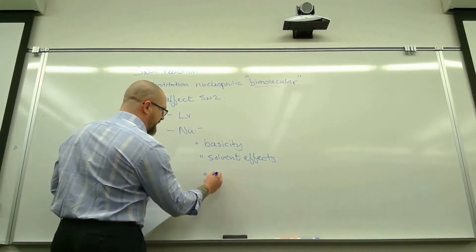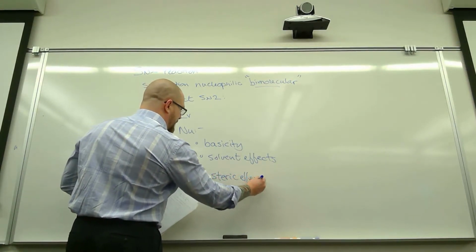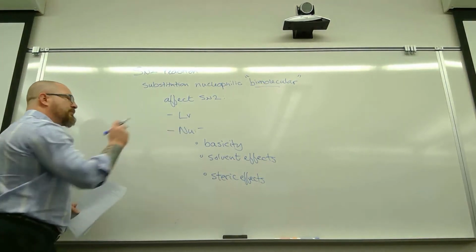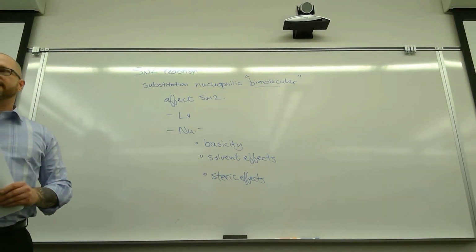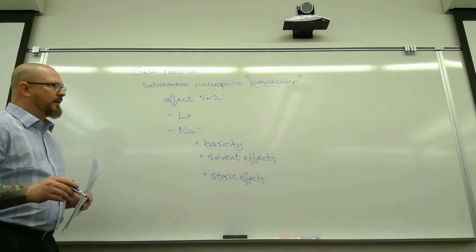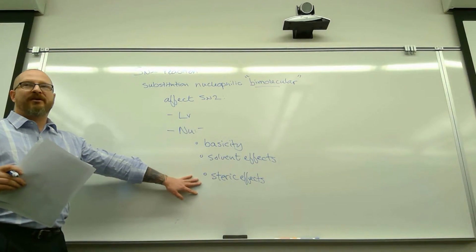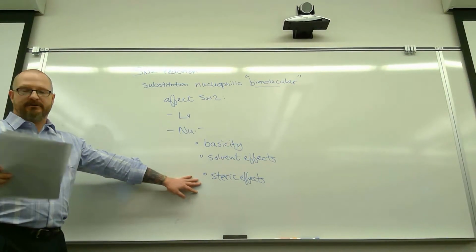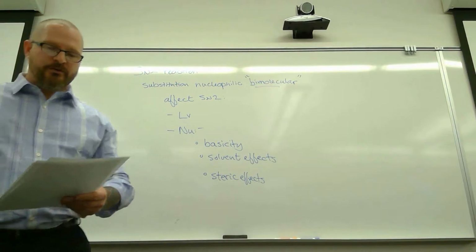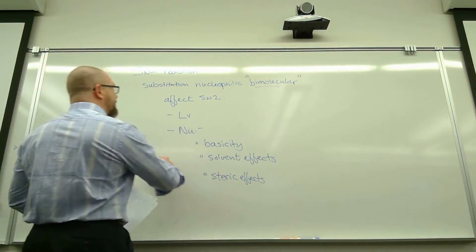And then we're going to have steric effects, which take place with the nucleophile as well. We've got steric effects for the electrophile, but we also have to pay attention to steric effects for the nucleophile. So let's go through these real quick. Let's start with leaving groups.